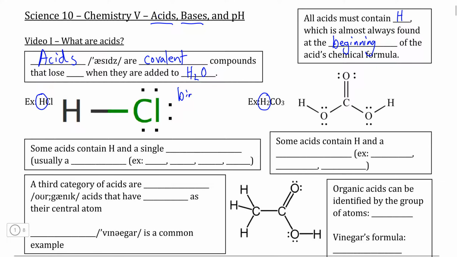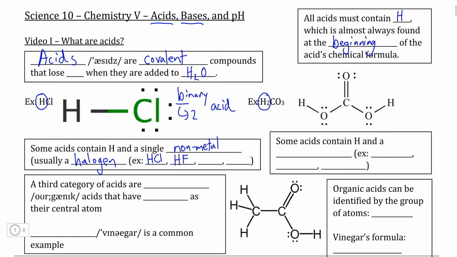HCl is an example of what we call a binary acid, meaning that it is an acid that is made of only hydrogen and one other element. So that's where the prefix bi, meaning two, comes from. We can see from HCl that the second element is also a non-metal, and most of the time in the four most commonly occurring binary acids, the second non-metal is going to be a halogen, as is the case with HCl here.